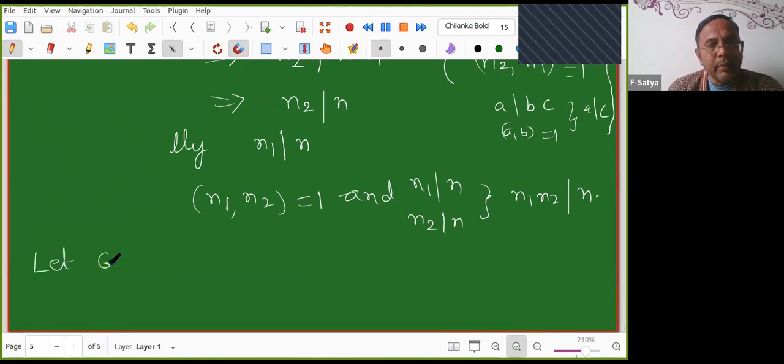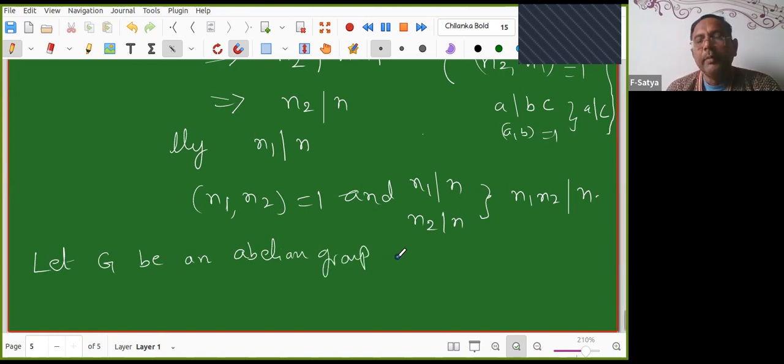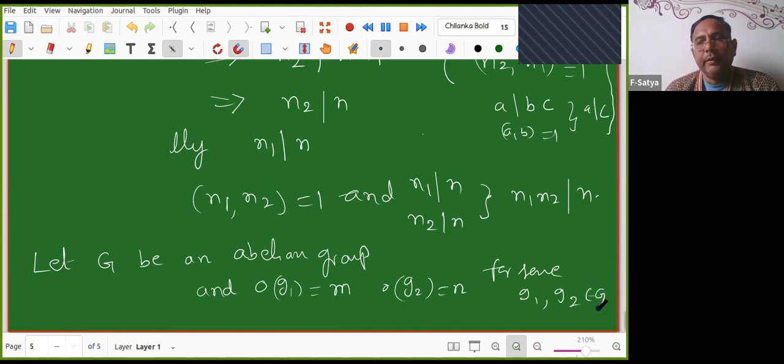Let G be an abelian group, right? And the order of G1 is equal to some M, and the order of G2 is equal to N, for some G1, G2 belonging to G, right?